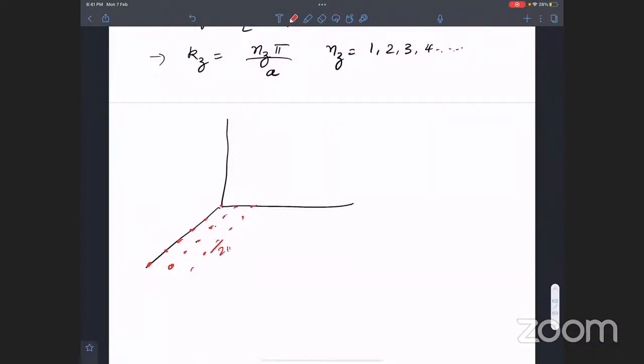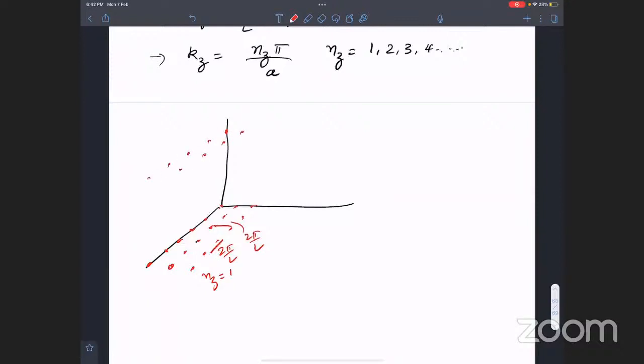The distance between them is 2 pi by L, and this distance also 2 pi by L. Very clear already. However, all these states have nz equal to 1 basically. What about nz equal to 2? Where are those states? Those states are slightly away, up here. So a similar plane like this is there up here.